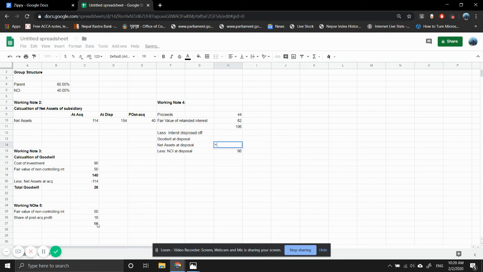66, and then net assets at disposal is 154, right? And our goodwill at disposal, since it has not been impaired, is the same figure. So what we need to do is that this will be subtracted from this figure. Let's move it to the side, and then a subtotal of this plus this plus this, so 114, right?